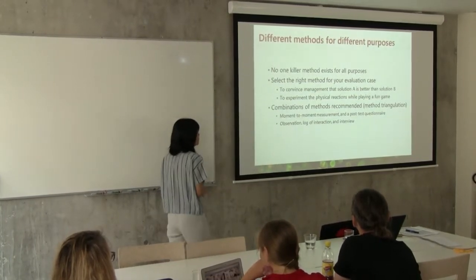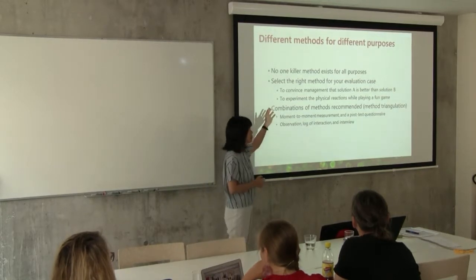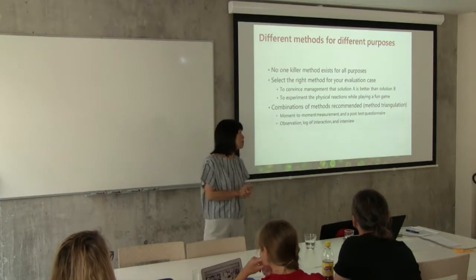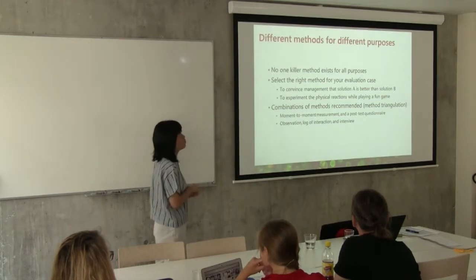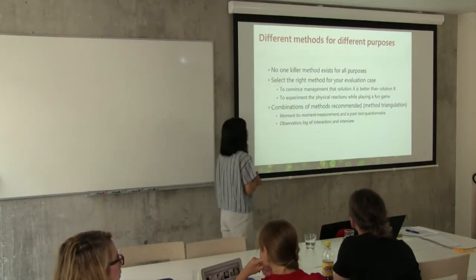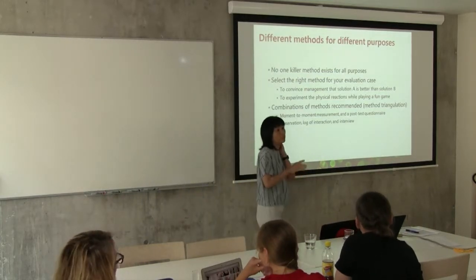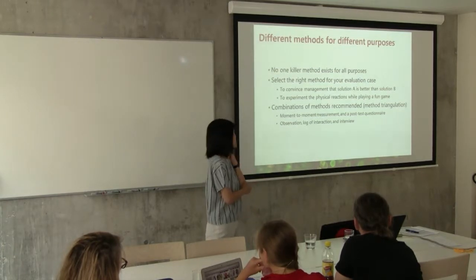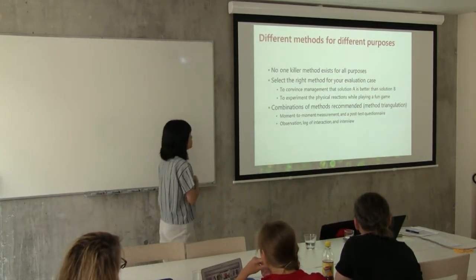For a pragmatic reason, in industry maybe you have to convince the manager why solution A is better than solution B. In this case it is quite normal to give a number to your CEO to convince them. I also watched a video where they interviewed Don Norman, who is supposed to be one of the pioneers of UX research.